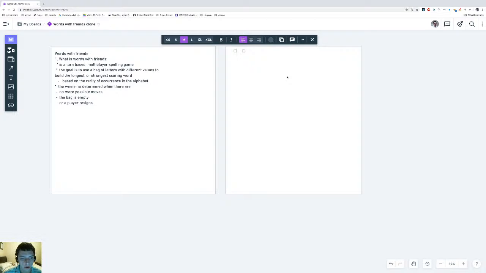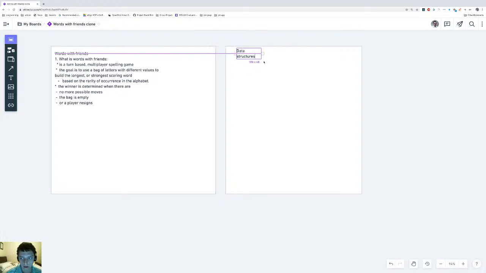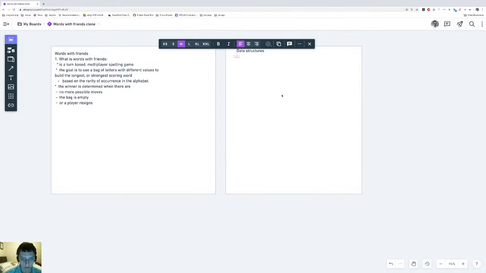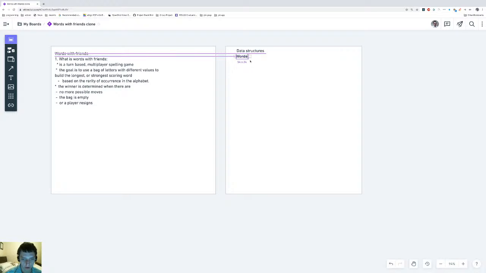Right, so our data structures look something like this. Well, we know we have words. We have letters.